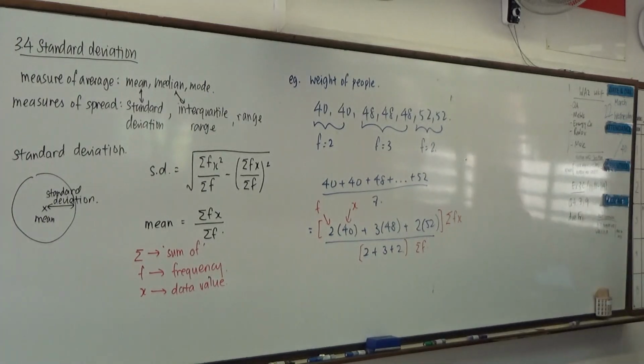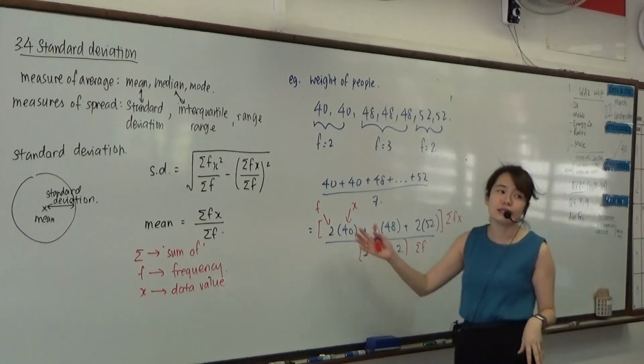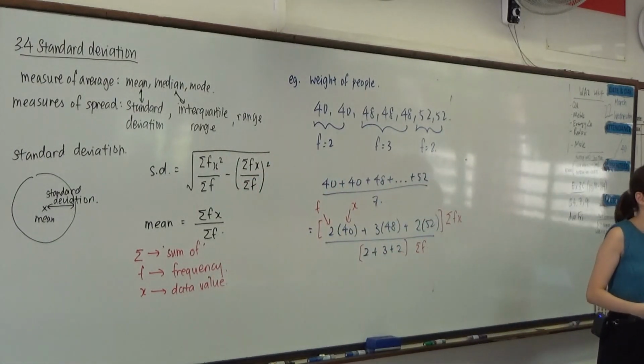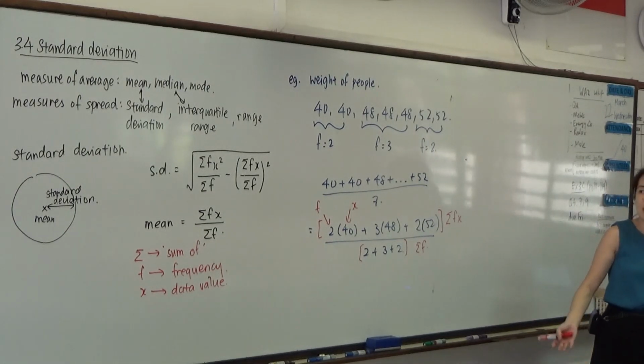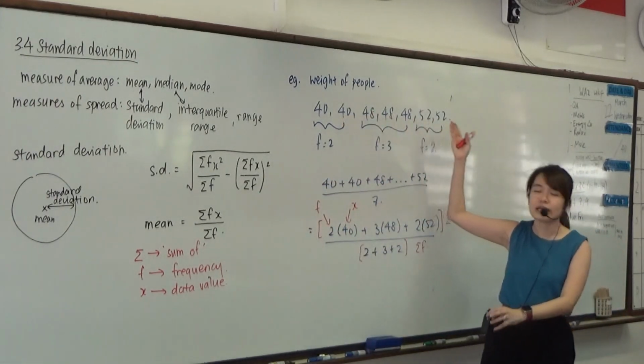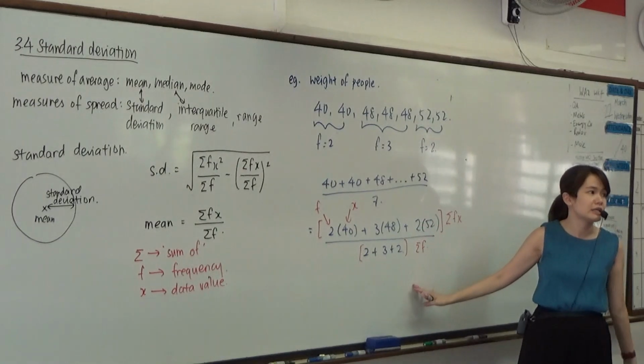I'm not trying to make you feel very troubled over this formula. I just want to explain what is stated in your formula list, so that at least when you see it in your formula list, you don't get stunned and you don't get shocked. But nothing wrong with going with our convention, what we already know, where we take the data values, add them up, and then divide accordingly.